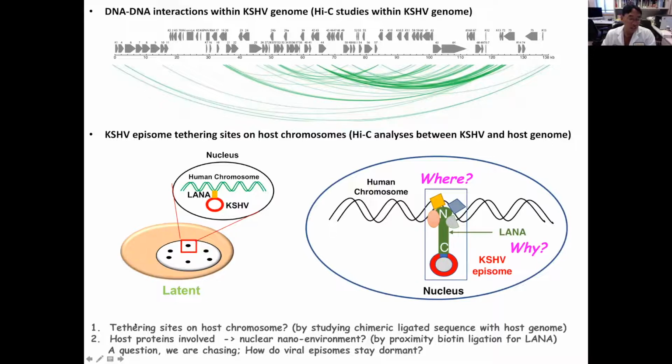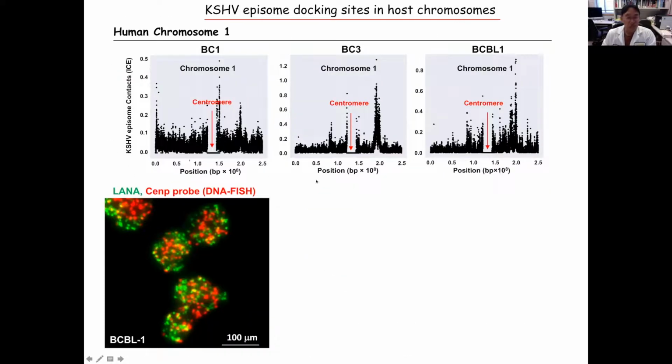We studied the tethering site on the host chromosome by studying the chimeric ligated sequences with the host chromosome. To find which host proteins are involved, we performed proximity biotin ligation for the LANA protein to look at the surrounding proteins. Here is the Hi-C data for 3 different KSHV infected cells. Each black dot indicates a sequence read that is a chimera of KSHV and host chromosome.